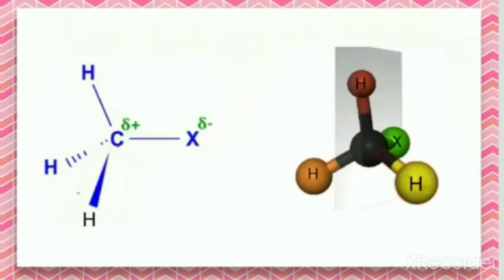But this is actually an sp3 hybridized carbon, so it has a tetrahedral geometry. If we draw its tetrahedral geometry, it will be in this way. That means it has one CX bond and the other bonds, and these are tetrahedrally arranged.